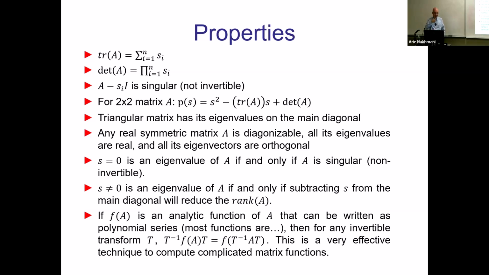You're just adding these two values on the main diagonal, plus the determinant of A. That's it. Okay, so the second order characteristic polynomial is very simple. It's minus trace, first coefficient, and determinant is the second coefficient. So compute the determinant, which is a times d minus b times c, and trace is just a plus d. That's it. You're done. With the characteristic polynomial, you have the quadratic polynomial.